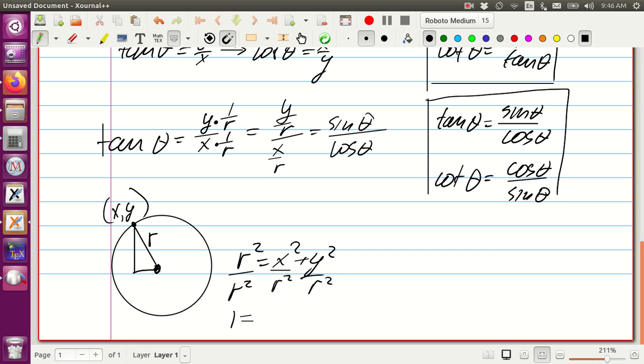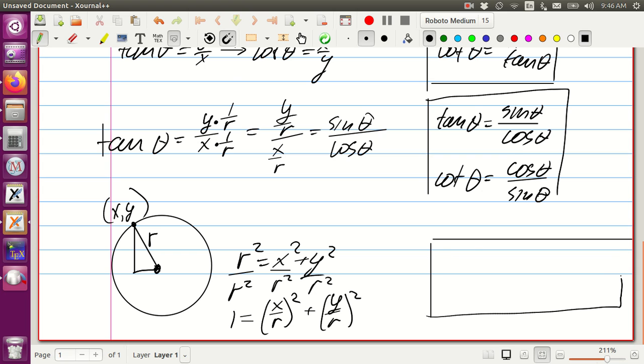So on the left side, we're going to get 1, and on the right side, we're going to write it like this. So what does it tell us? This is our cosine, and this is our sine. So the identity would be cosine squared of theta plus sine squared of theta is equal to 1. That's one of the main identities that we're going to use.